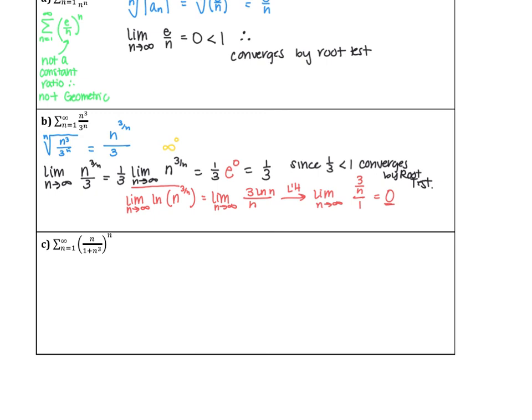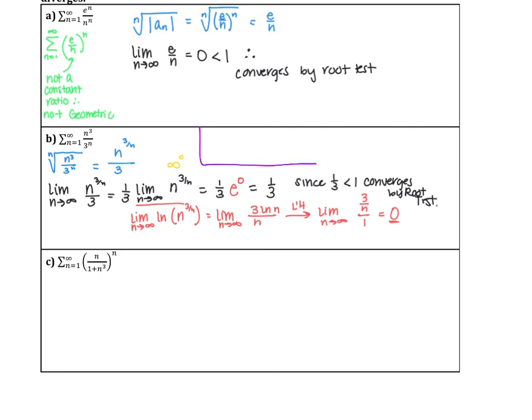If I use the ratio test, I would be taking the limit as n approaches infinity, and the ratio test would look like this: n plus 1 to the 3rd over 3 to the n plus 1 times 3 to the n over n to the 3rd, which would be the limit as n approaches infinity of n plus 1 to the 3rd over 3n to the 3rd. And I'll leave that for you to verify.